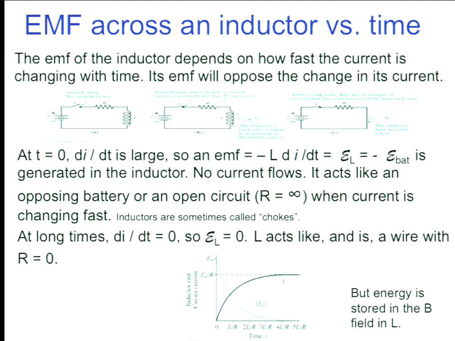And I'm going to see what happens if I open and close this switch. So after a certain time, I'm going to put the battery voltage on the circuit, and then at a certain point, I'm going to turn it off. I say at time 0, I turn it on, at time big T, I turn it off. So let's see what happens if I should put a resistor over here. Here's my test resistor.